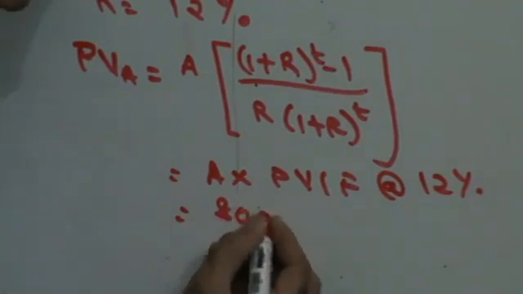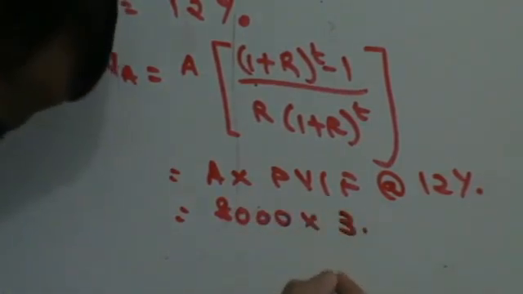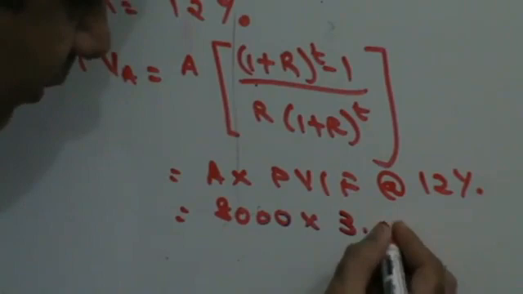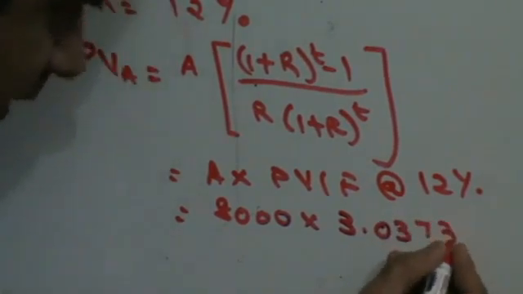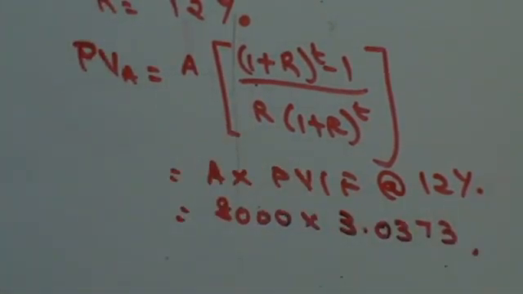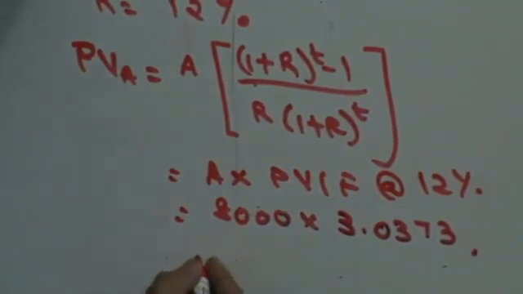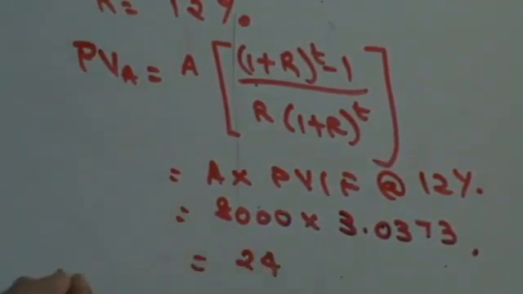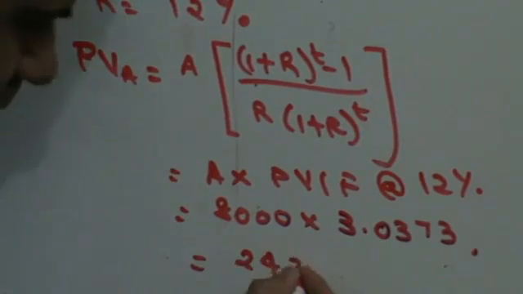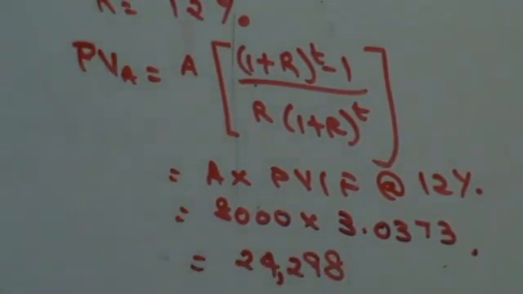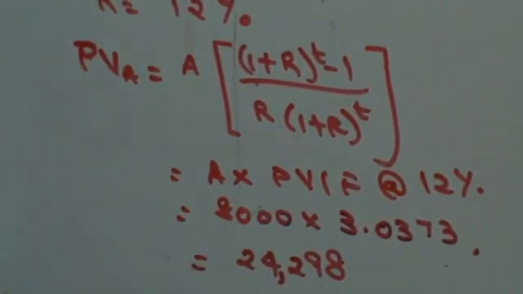Annuity is 8,000. 3.0373. Right? So when you multiply this, you will come to know this is 24,298. So at the end of 4 years, your present value of money that you have saved today is going to be 24,298.